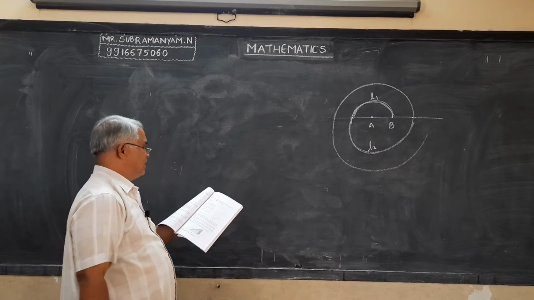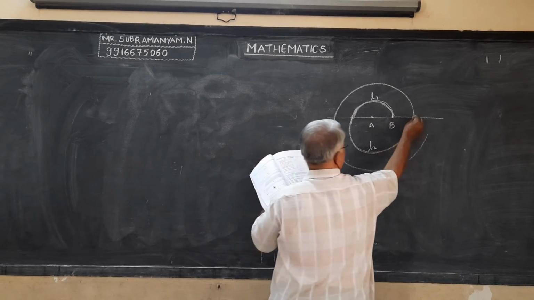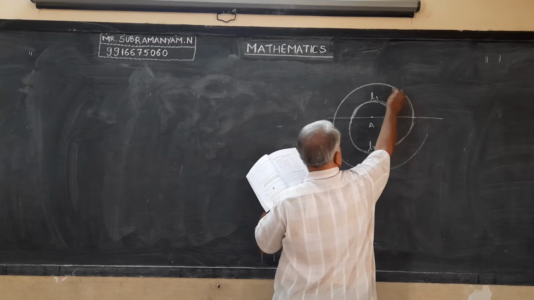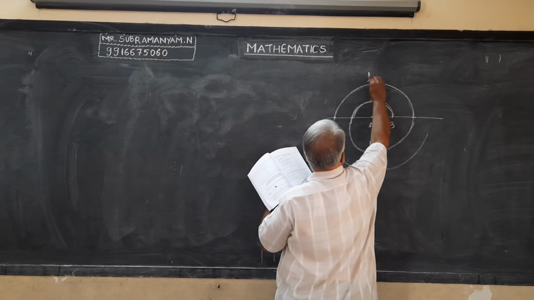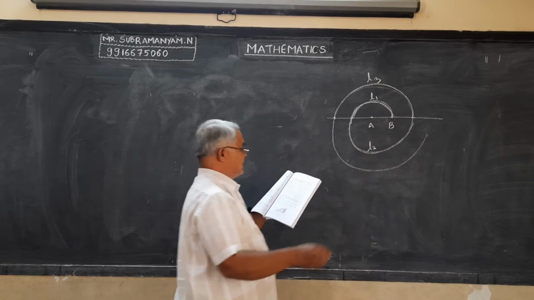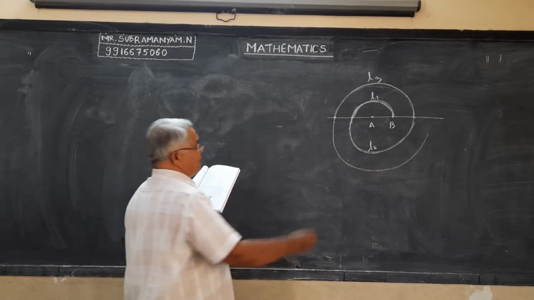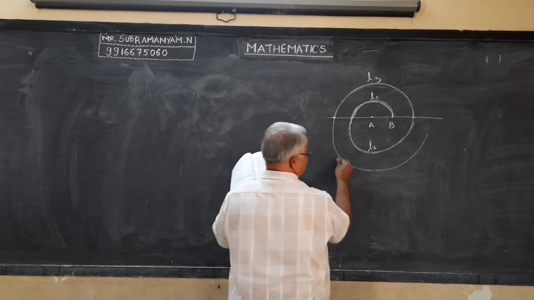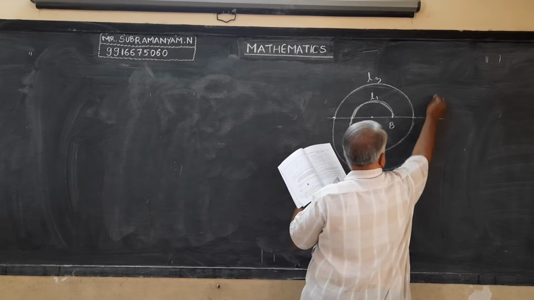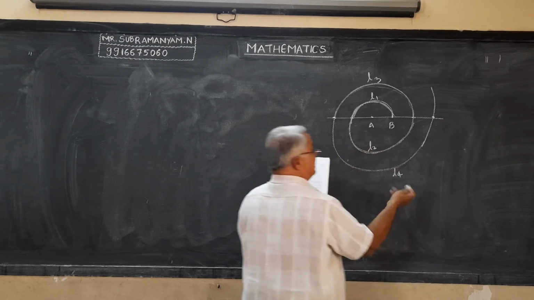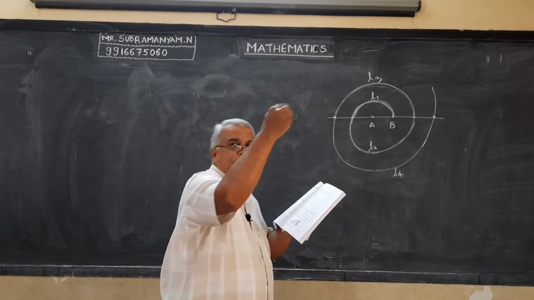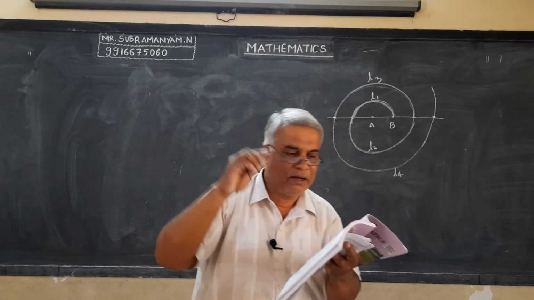Next, from here to here, it is L3, the third semicircle. Again, from here to here, it is L4. Like that it will continue, a spiral.